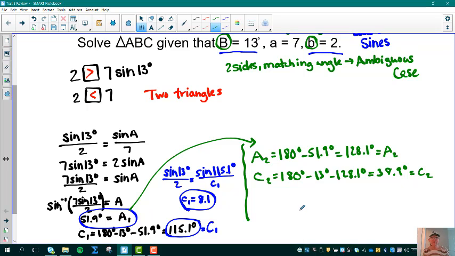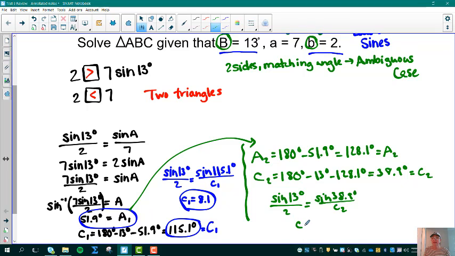And last thing we need to find, the other possibility for side C. So we set up our law of sines. The sine of 13 degrees is to 2 as sine of 38.9 degrees is to side C2.